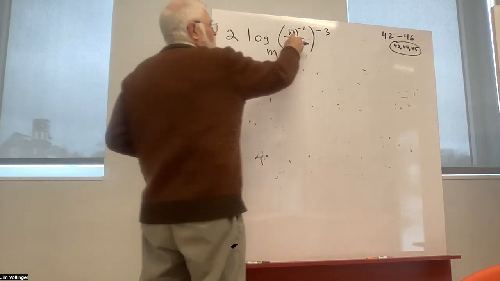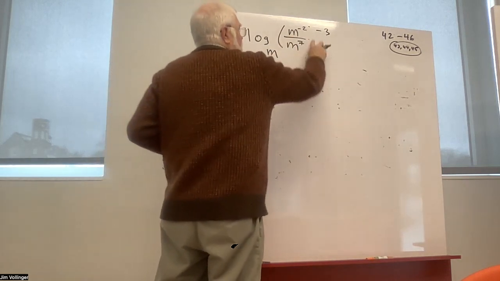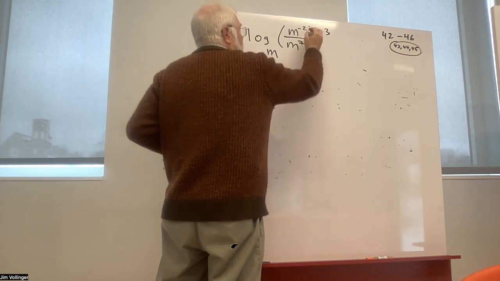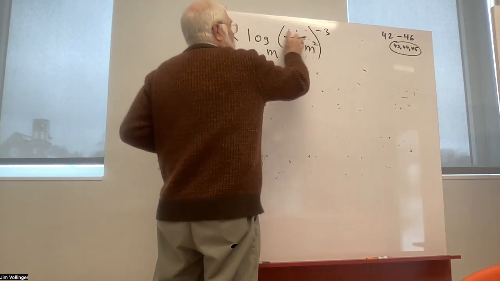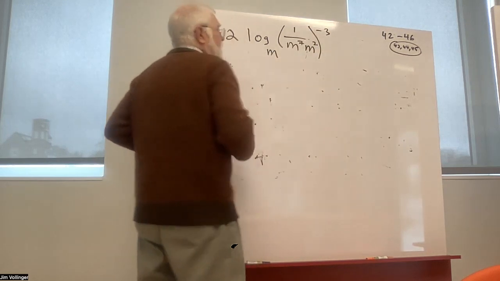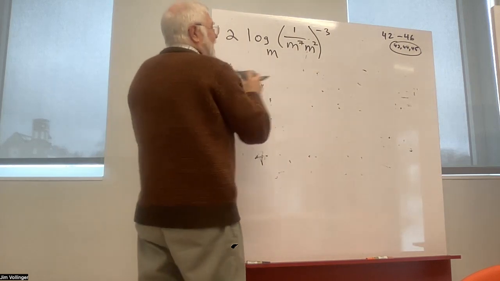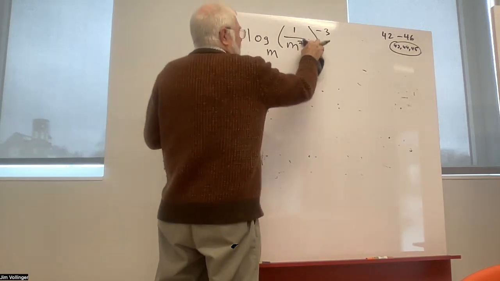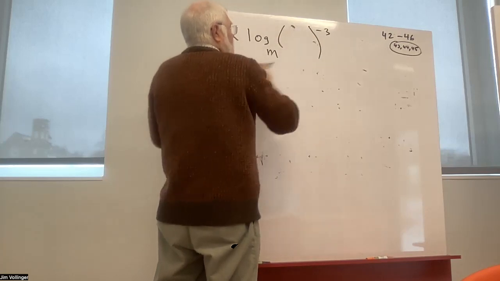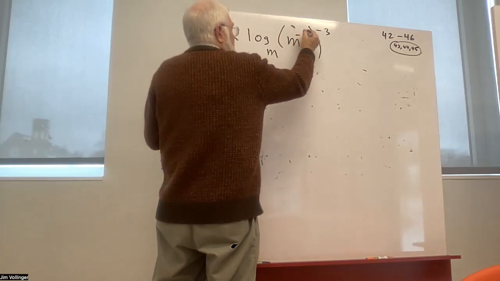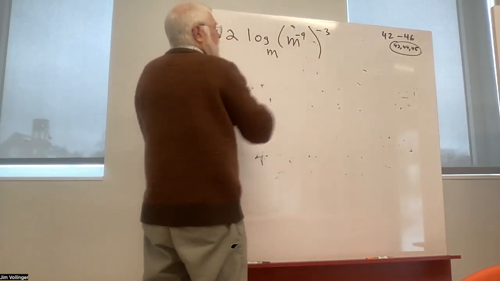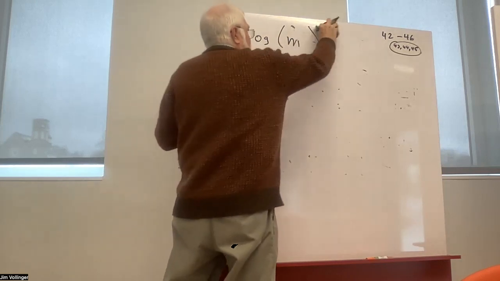Well, I know I can move m to the minus 2 into the denominator as m to the plus 2. Of course, there's still the number 1 there. And I know 7 and 2 make 9, but that's in the denominator. So I'm going to write not minus 9. And I know minus 3 times minus 9 is 27.